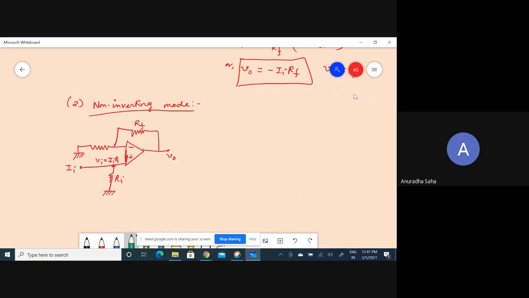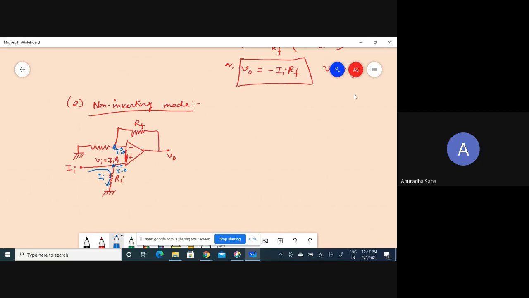We know that here we have I equal to 0, and here also I equal to 0. So the current signal must flow in this manner. It cannot go beyond this point, since this op amp has infinite input impedance.